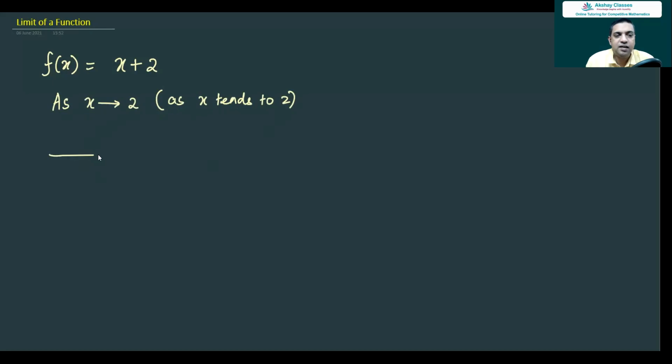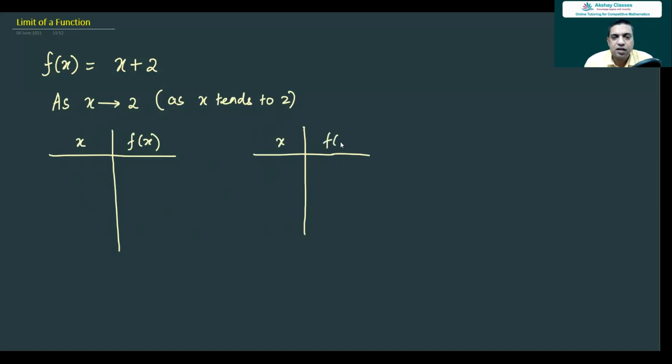Now what does that mean? It means like this. This is the x value, this is the f of x values we will write. Now x is tending to 2, that is x is approaching the value 2.